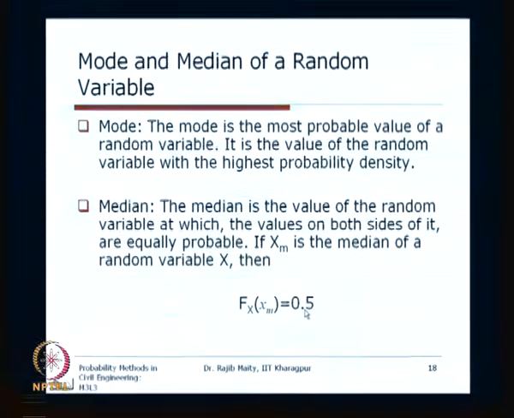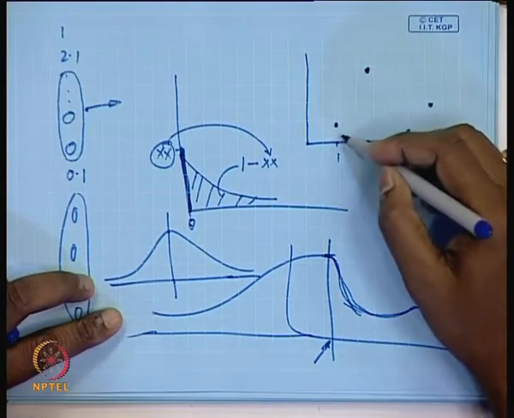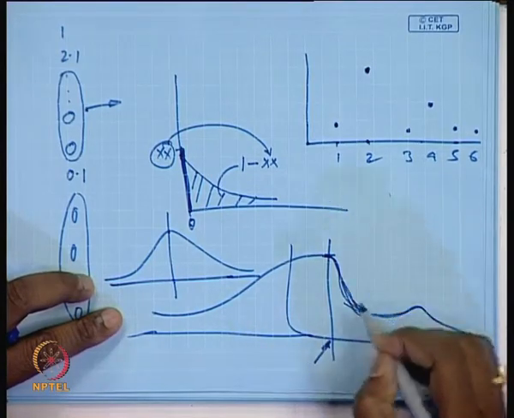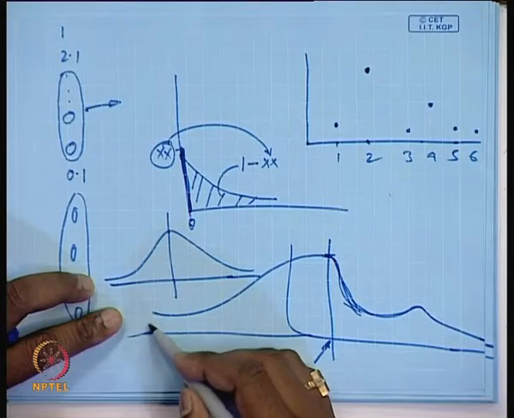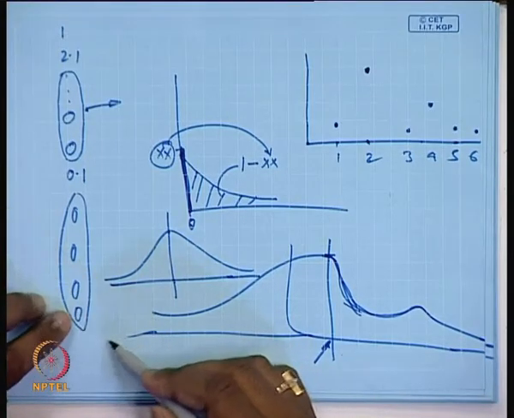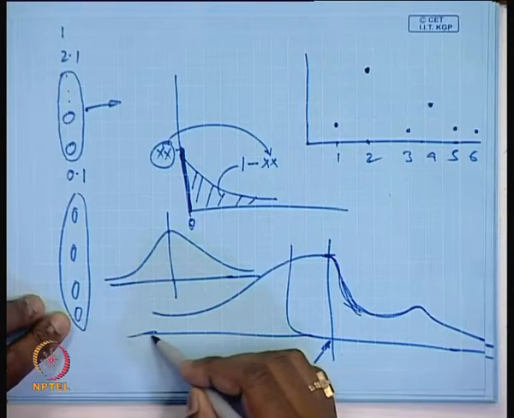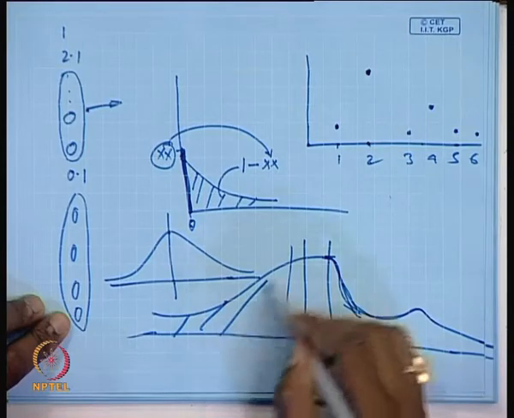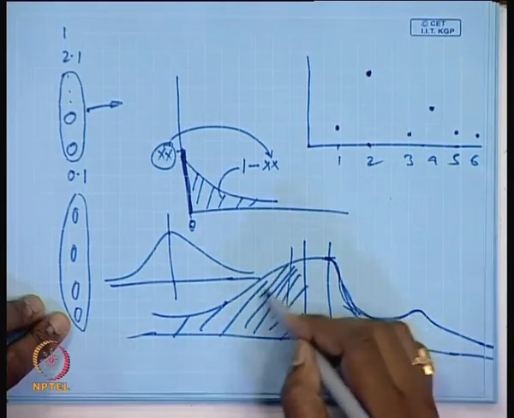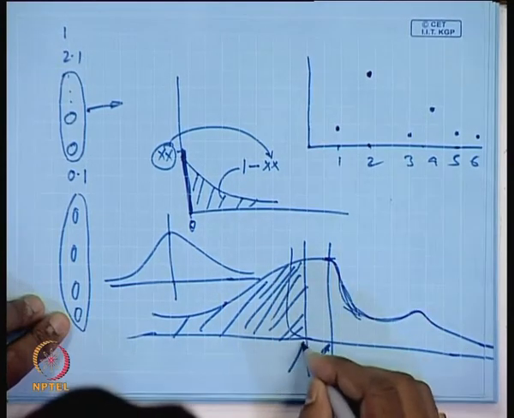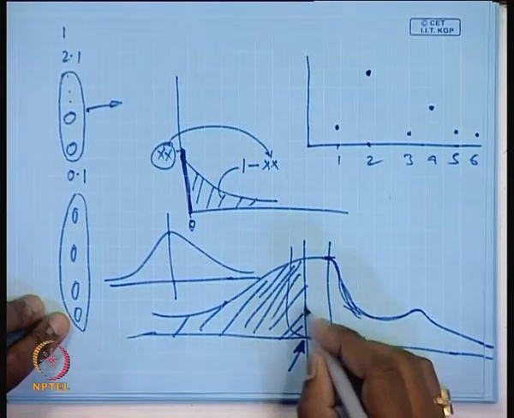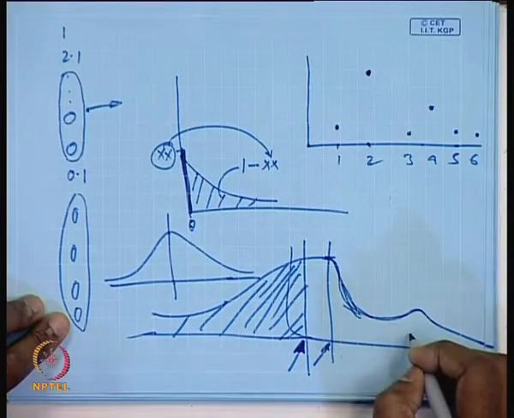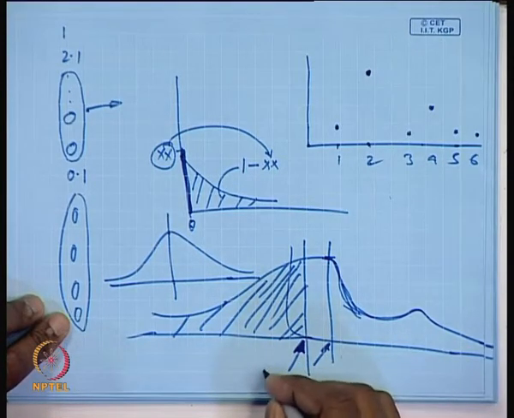In the case of a continuous random variable, I start integrating from its left support, from minus infinity, and I stop at the point where the total area covered is equal to 0.5. That means this is the point where the probability of being less than that value is 0.5, and greater than that value is 0.5. So this value is your median.